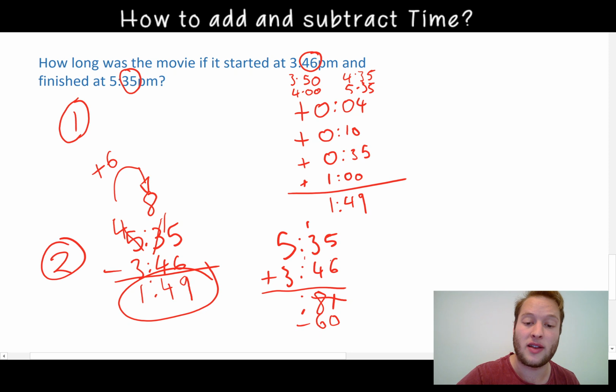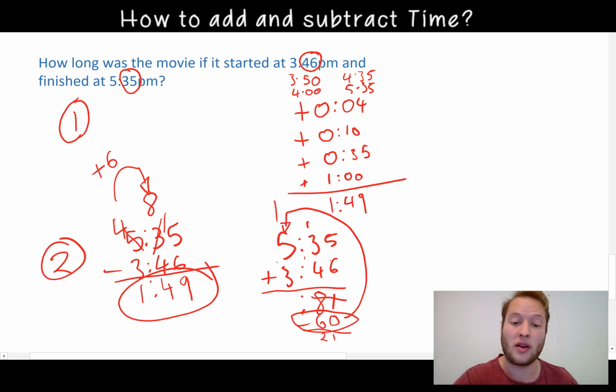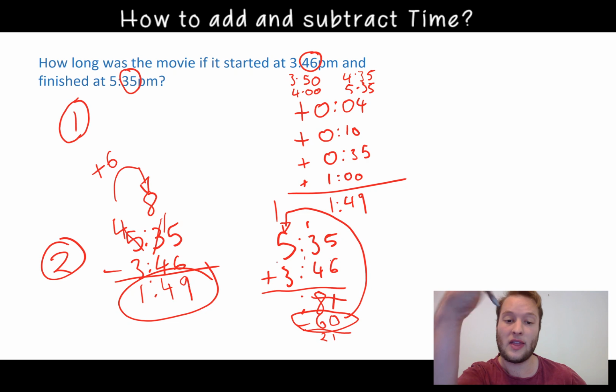So I'm going to take it away. So 8 take away 6 is 2, and 1 take away 0 is still 1. So I've now removed this 60, and it's now going to add as a whole extra hour. So I'm just going to plus 1 because I've moved 60 minutes from the minute section, changed it to an hour, and put the hour over in the hours section.